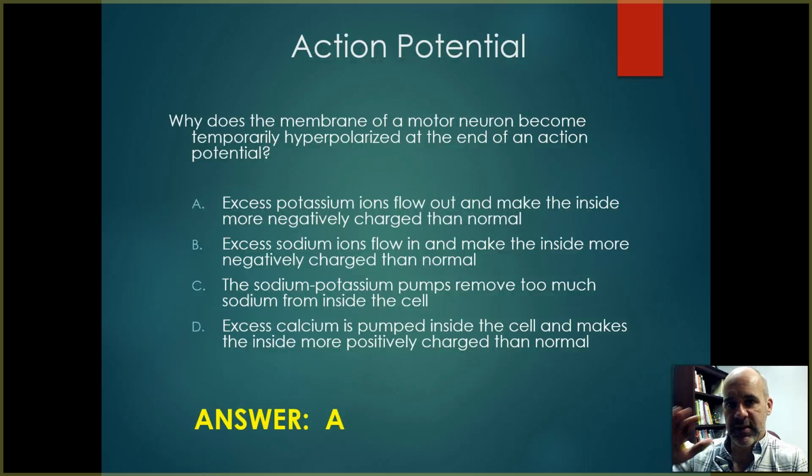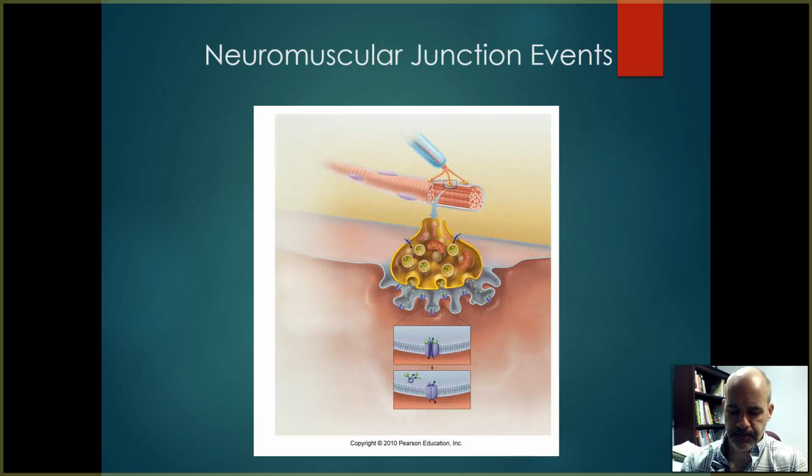That's what brings us temporarily below minus 70. That's called hyperpolarization. When a cell membrane is hyperpolarized, it makes it more difficult for it to reach threshold. So this is one of the things that helps make sure the action potential just moves in one direction. It's not also backing up and going this way. We want it to go from the axon hillock towards the axon terminals down at the other end.